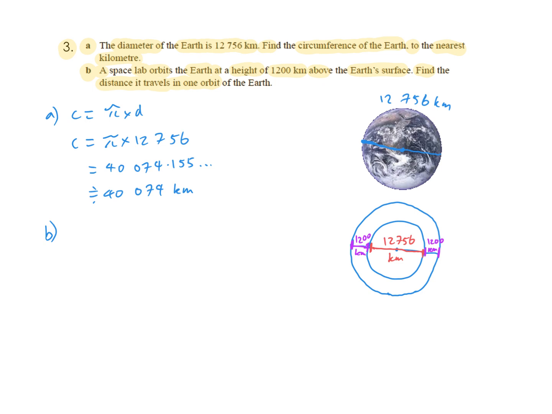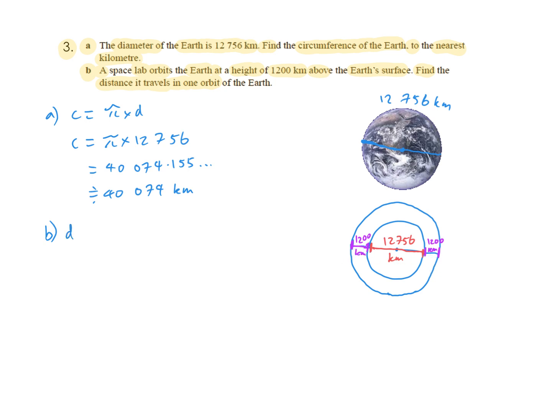It does. So our options are to either think of this as a radius or think of this whole thing as a diameter. If you do a radius, you'll take your 1200 and add it to half of this number, because you just want half of it. If you want the diameter, you'll take this whole number and add one lot of 1200 plus another lot of 1200. I'm going to go for that option.